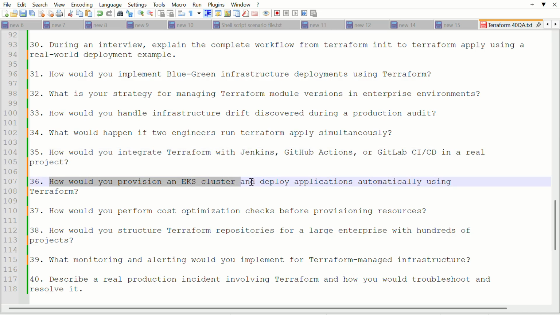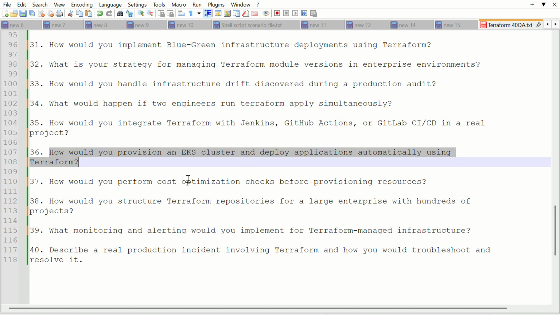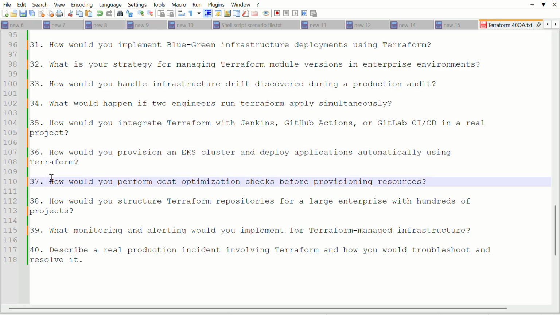How would you provision an EKS cluster and deploy applications automatically using Terraform? As we know, Terraform is for provisioning infrastructure automatically, right? So how would you provision the EKS cluster and deploy the applications? Coming to the 37th one, how would you perform cost optimization checks before provisioning resources?